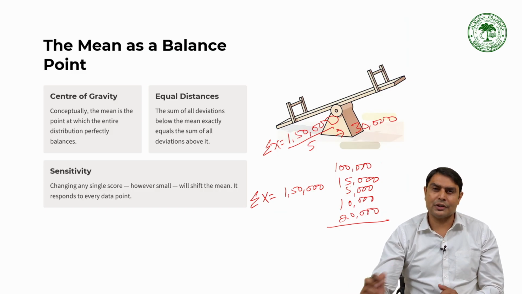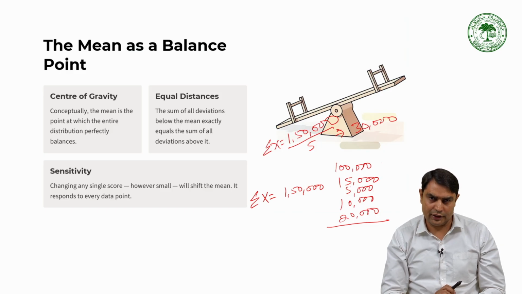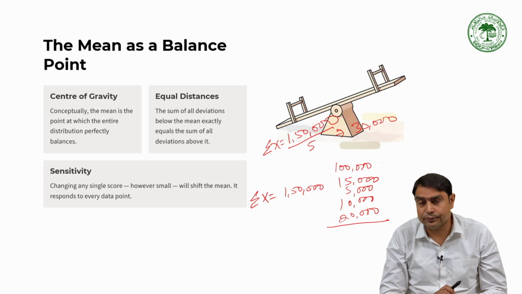Suppose on the basis of this result, I say 30 is the best representation of the data set, the best value for the data set, and on the basis of this I determine the trekking package for the tour.